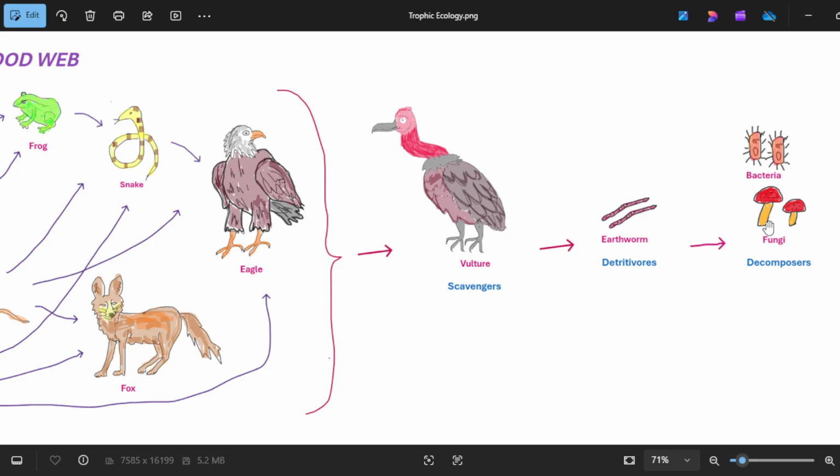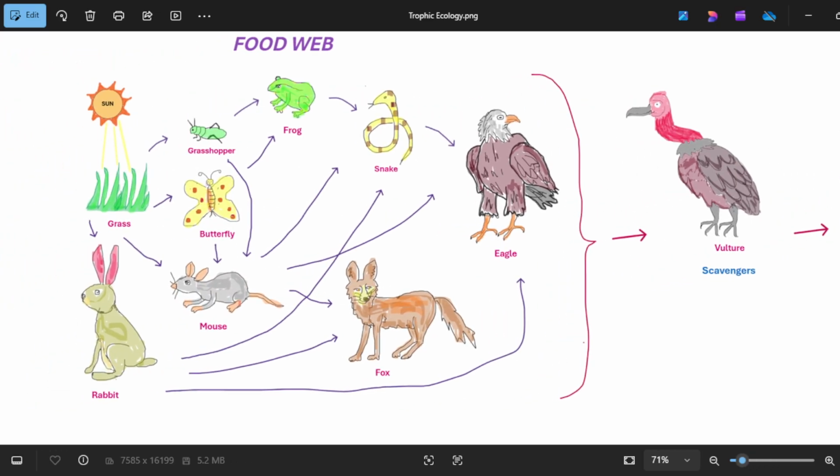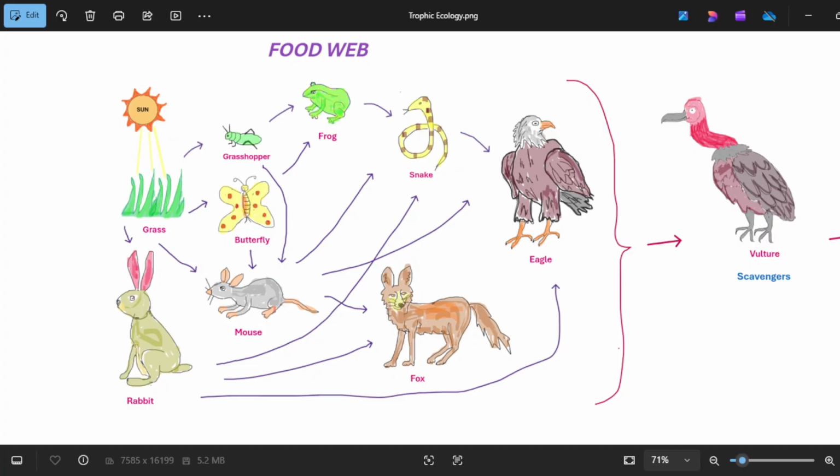And the fungi and bacteria finally digest the remaining organic matter and consume the nutrients for their body. So this is how the entire ecosystem works, where all the animals depend on each other for their food. So that is a food web.